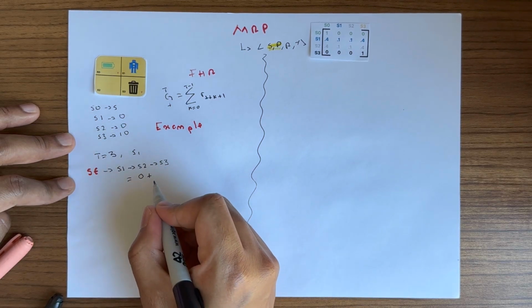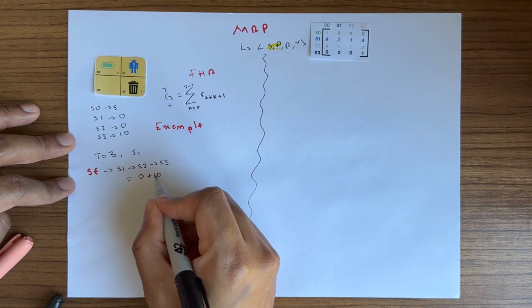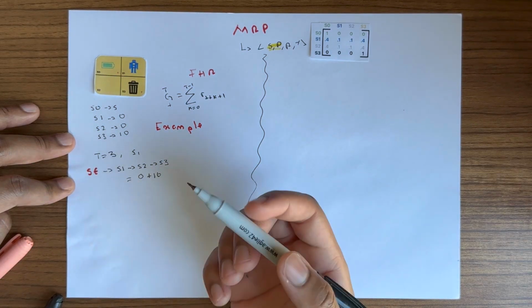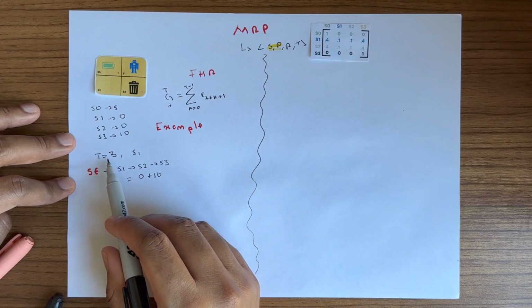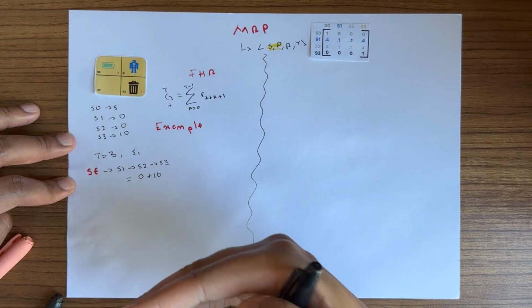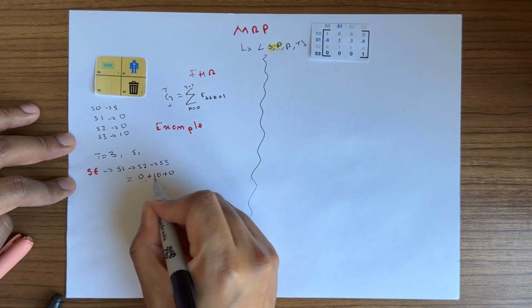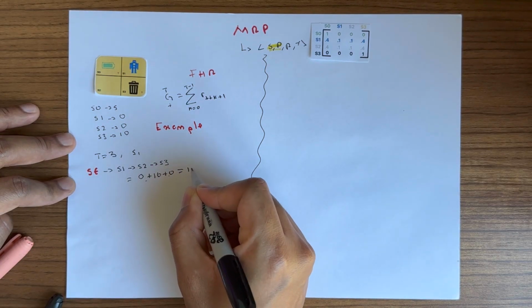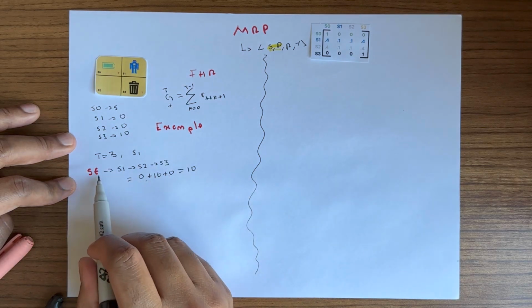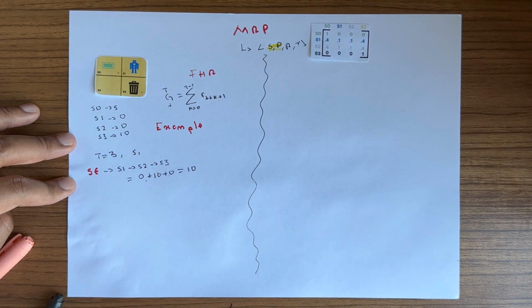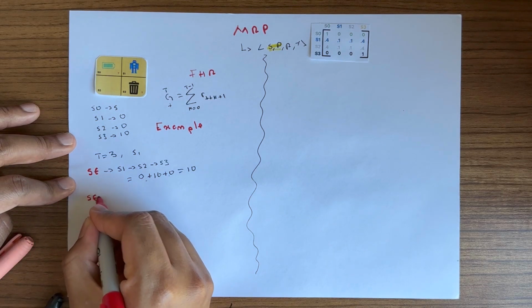S3 has a reward of 10, and since S3 is a terminal state, we stop. But we are looking at 3 time steps ahead, so we're going to add an extra 0 just to make it 3. This is going to be 10. So for this particular episode, the return is 10. Let me give you another example.